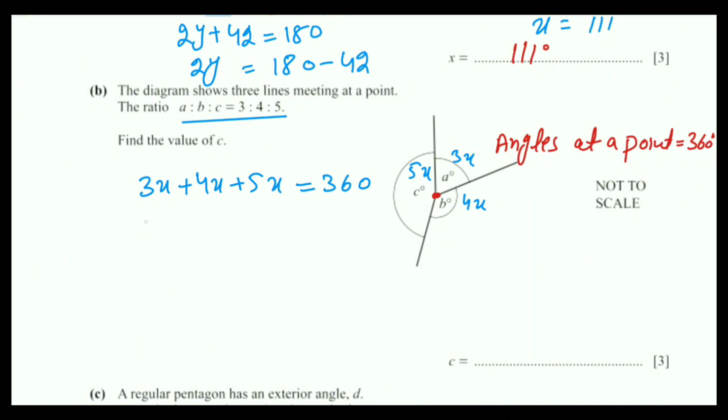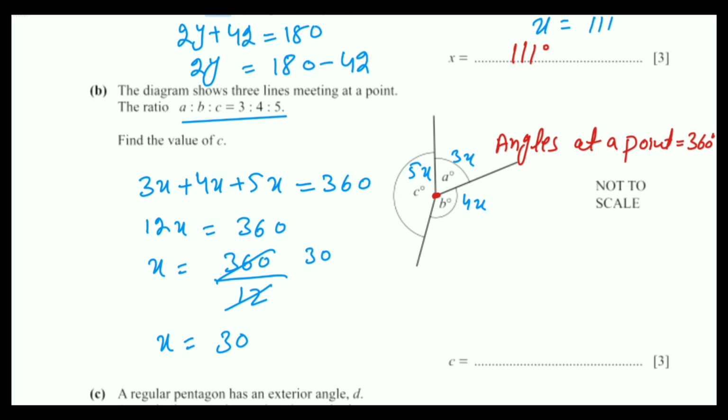Okay, so 4 plus 3 plus 5 is 12, so 12x is equal to 360 degrees. x is equal to 360 over 12. 12 times 30 is 360. So x is 30.